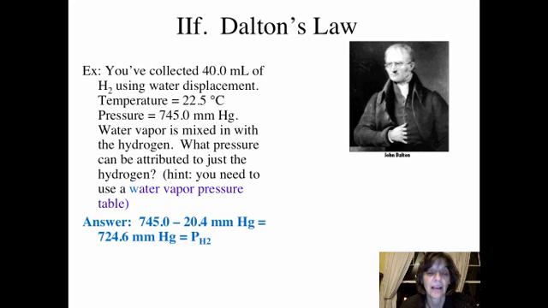It says that at 22.5 degrees Celsius, the water vapor pressure is 20.4 millimeters of mercury. So all you have to do is subtract it, and you get 724.6 millimeters of mercury from just the hydrogen.